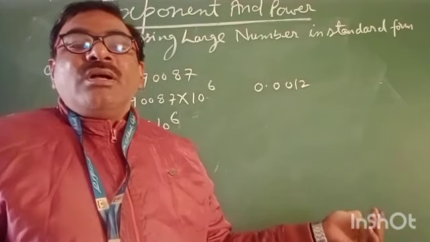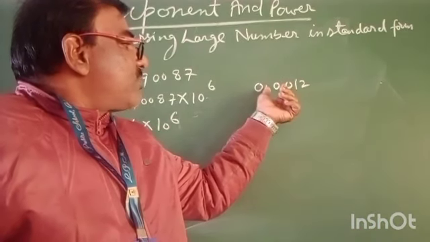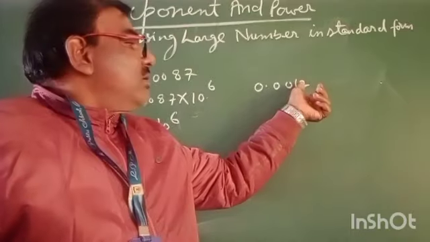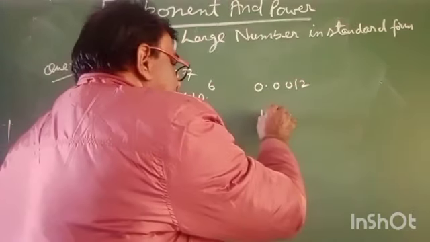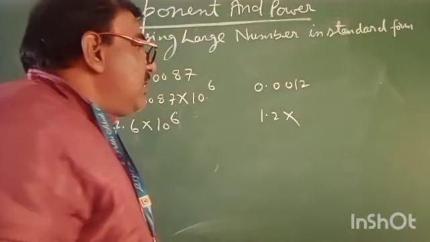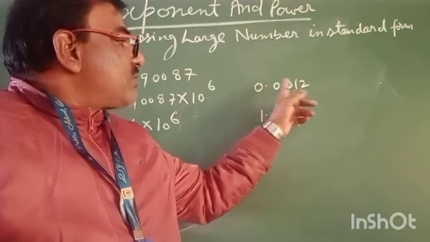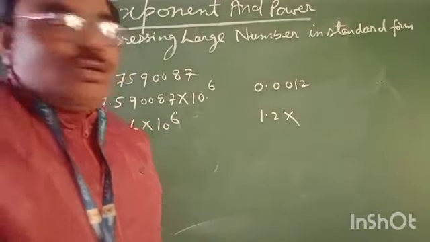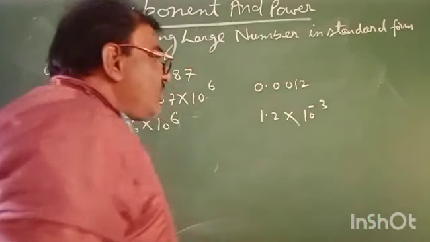For this, I will transfer the decimal from left to right. Then it will be equal to 1.2, with the decimal transferred 3 places, so it will be 10 to the power minus 3.